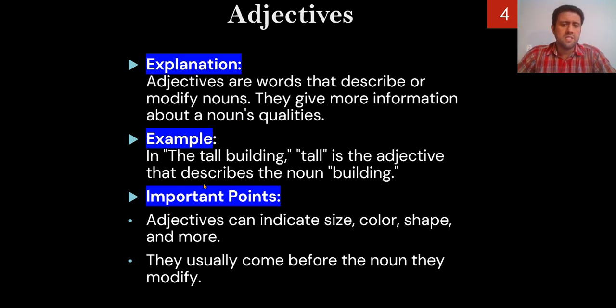Important points about adjectives: adjectives can indicate size, color, shape, and more. They usually come before the noun they modify. As an example, here the word tall, which is an adjective, is modifying the word building, which is going to make the building tall.